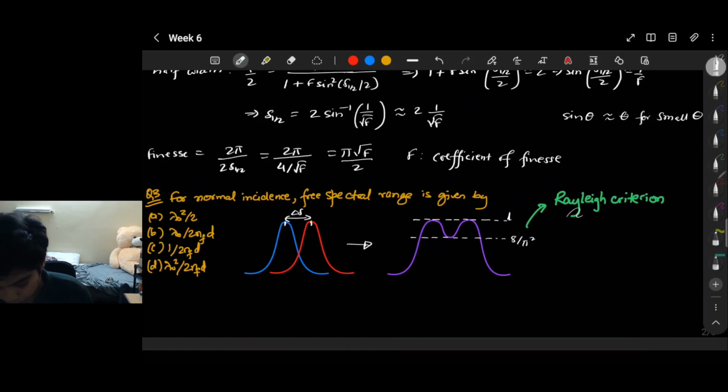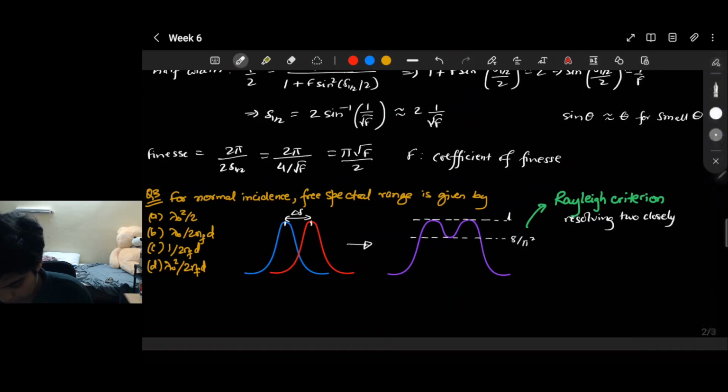which comes up when we are looking at resolving two closely spaced wavelengths.